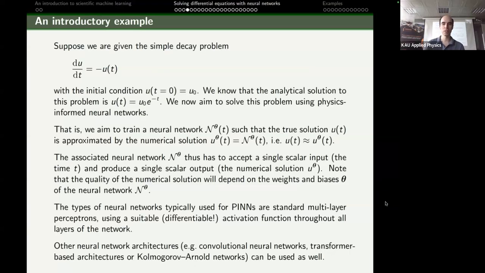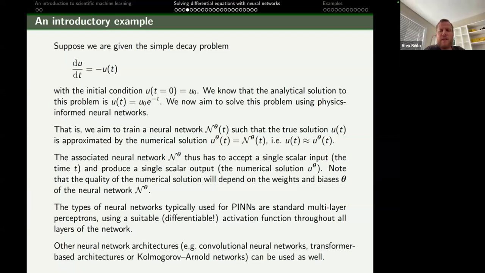Short question regarding the architectures. Is it compatible with, for example, graph neural networks? Can you do PINNs based on them? Yeah, people try this as well. I'm not an expert on graph neural networks, but I've seen papers on this.